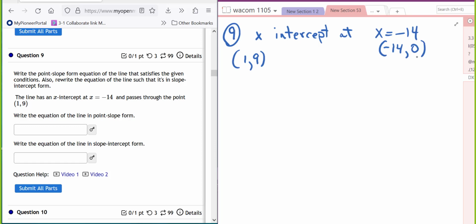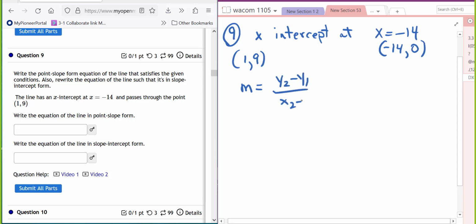So you need first to figure out your slope. Right, and we'll call this x1, y1, and x2, y2. So we have 0 minus 9 over -14 minus 1 is -9 over -15.